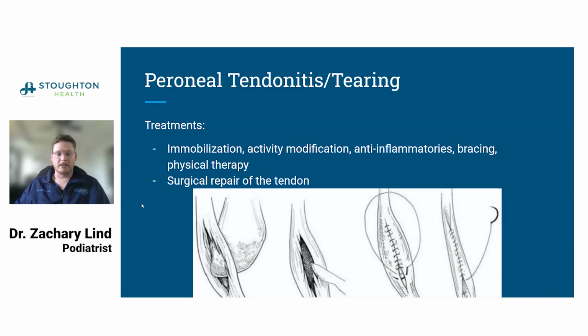I will say these tendons are notorious for being an incidental finding on MRI, meaning you've gotten an MRI for something completely unrelated, and they will comment on a partial tear of either the peroneus longus or the peroneus brevis.